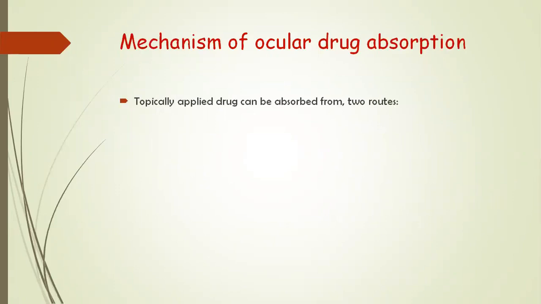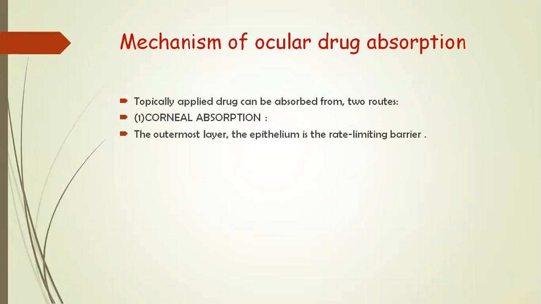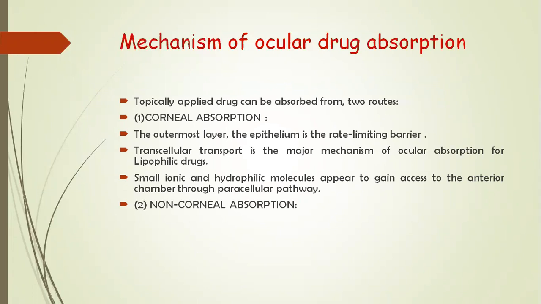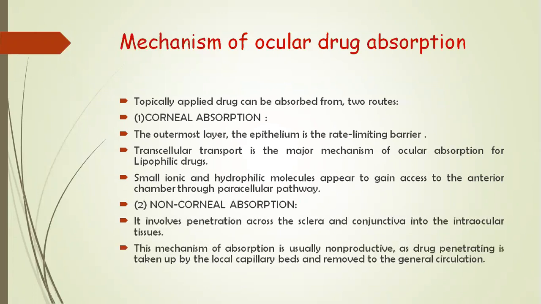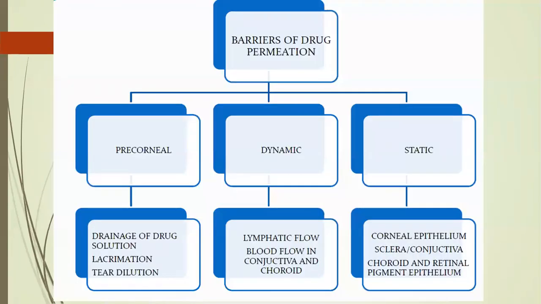Topically applied drug can be absorbed through two routes, as I have told you, corneal absorption, that is through the outermost layer, and non-corneal absorption. Barriers for the drug permeation: the precorneal barrier, that is drainage of drug solution, lacrimation and tear dilution. Then dynamic barrier include blood flow to the conjunctiva and choroid.